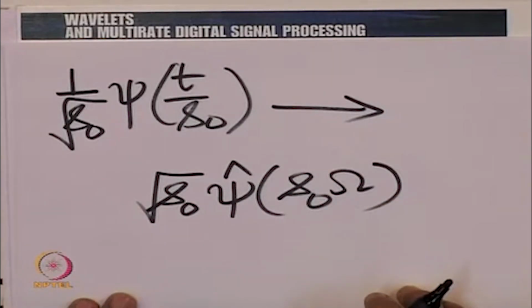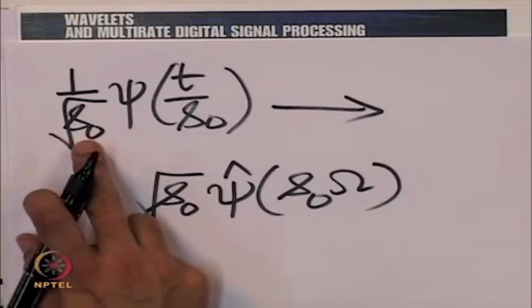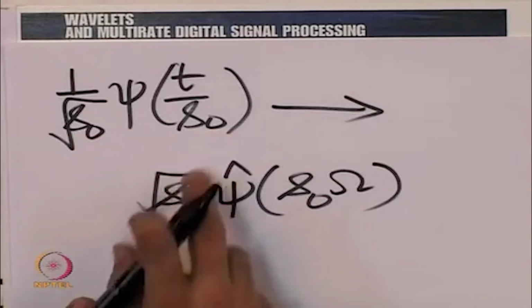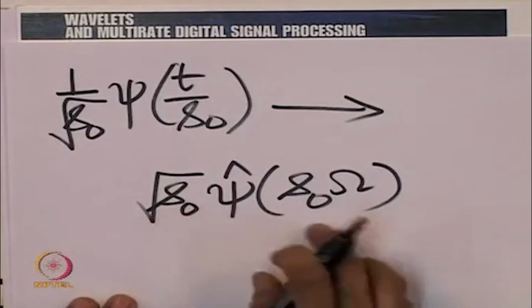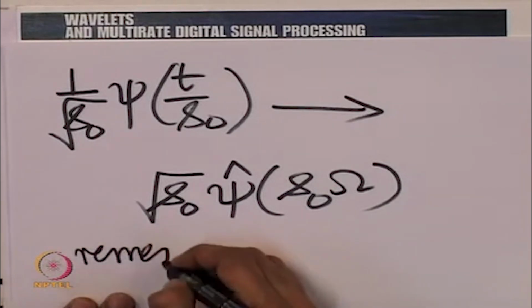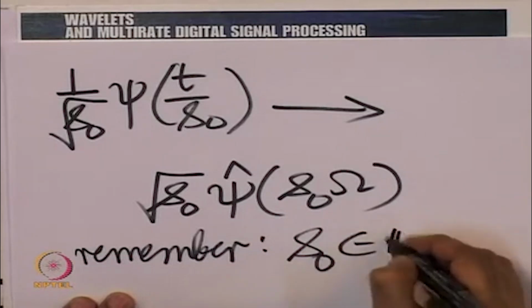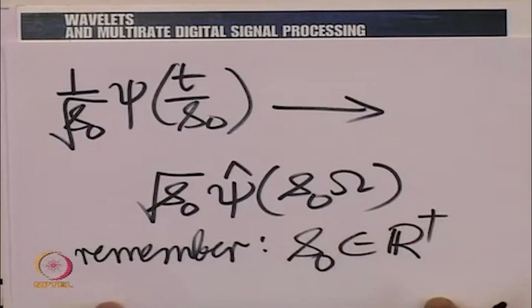So, because of the normalization, the 1 by square root of S naught here becomes square root of S naught here and S naught there. And of course, remember S naught is positive and real. So, we do not need to worry about the sign, a modulus is not required.